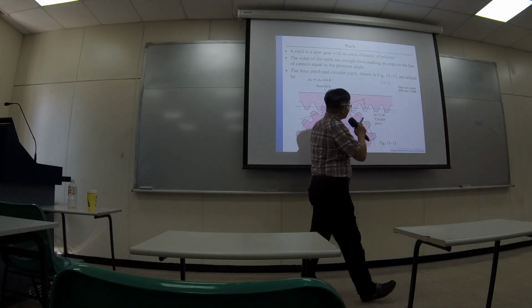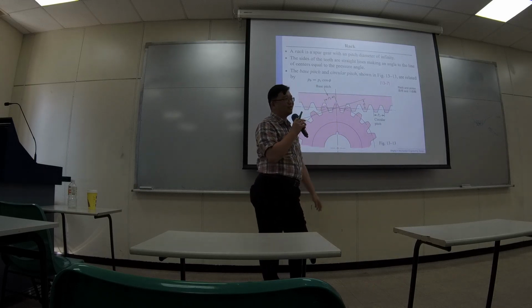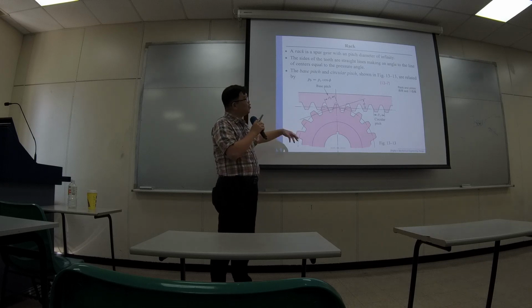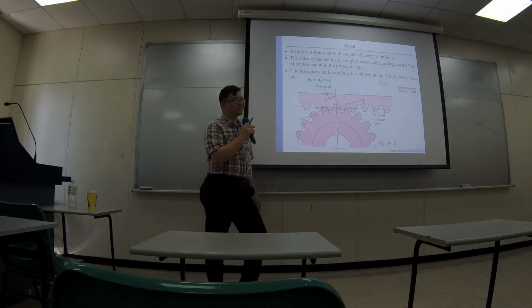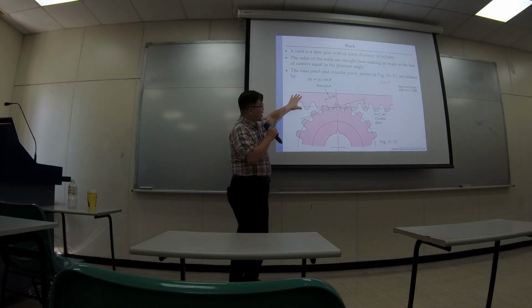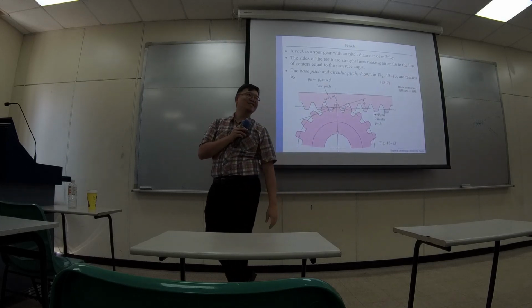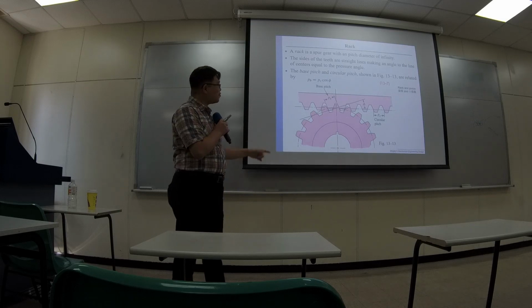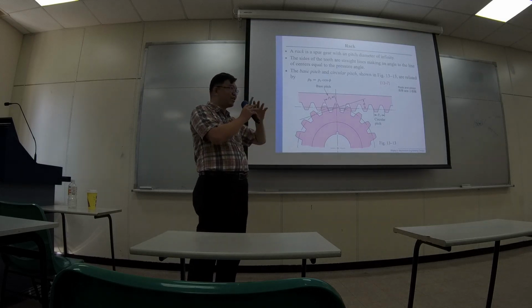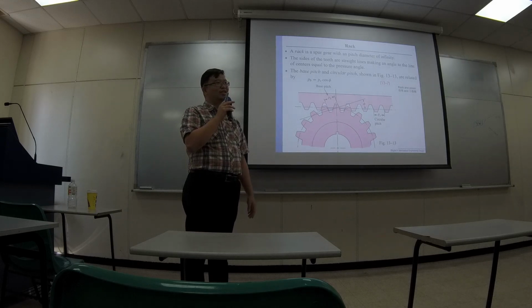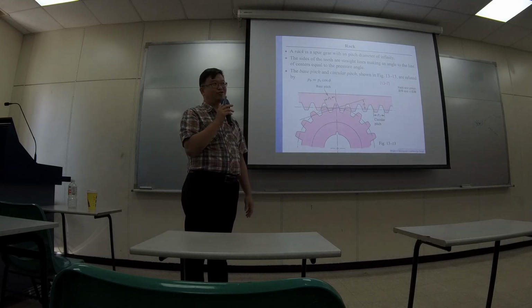Then how come this is rack and pinion? Can someone tell me? Why do we call them rack and pinion? Why not rack and gear? If this is a rack, the horizontal one is a rack. If you have a gear in this shape, like a straight line, that means the diameter is infinitely large.